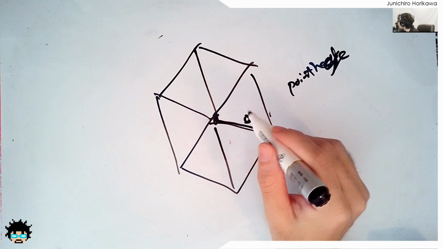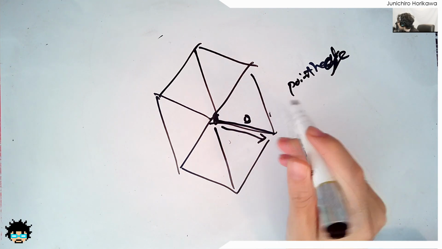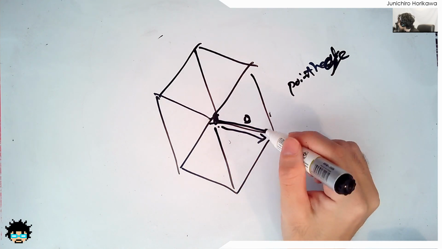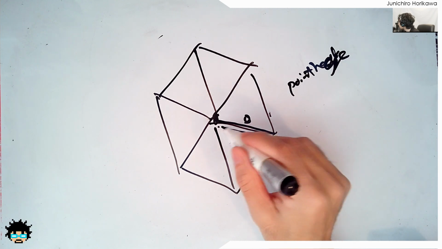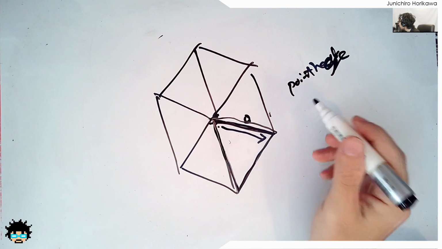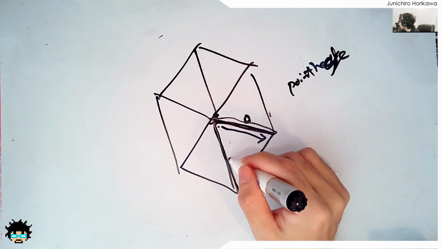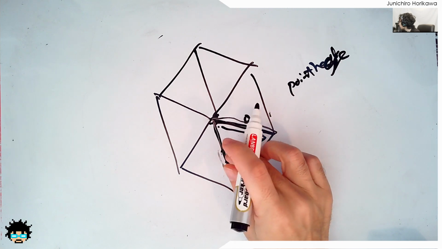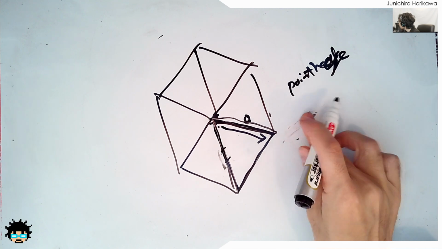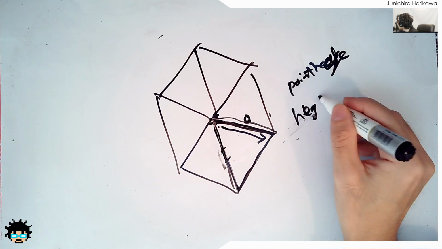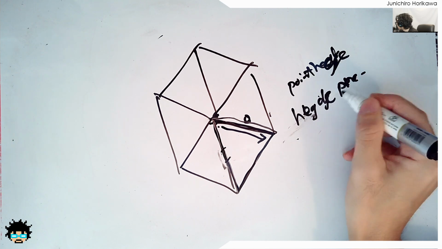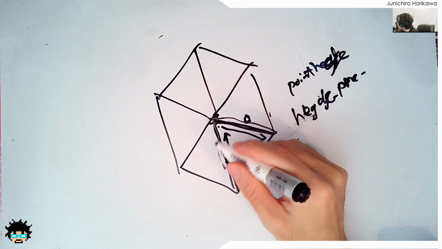Since the order of this half edge is going from the starting point to the end point like this, the half edge for this one belongs to this primitive. Meaning if you want to retrieve the half edge for this edge, then you're going to use a hEdge prev, which is this half edge.